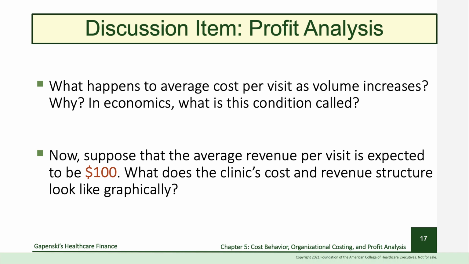The cost per patient may also go down because they can afford to charge you less because they have a higher volume of patients. Now we suppose that the average revenue per visit is expected to be $100. What does the clinic's cost and revenue structure look like graphically?